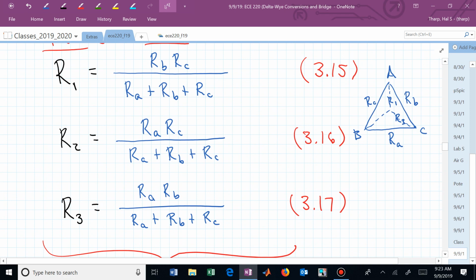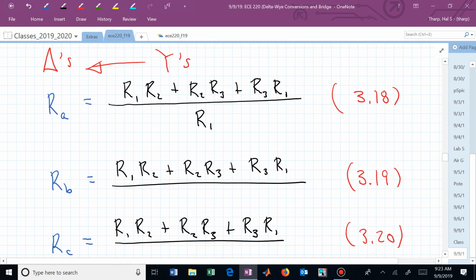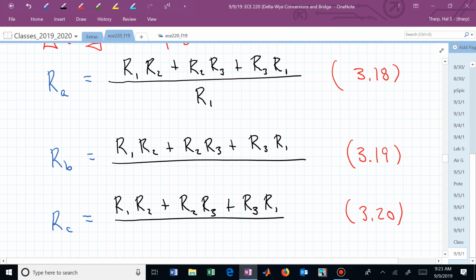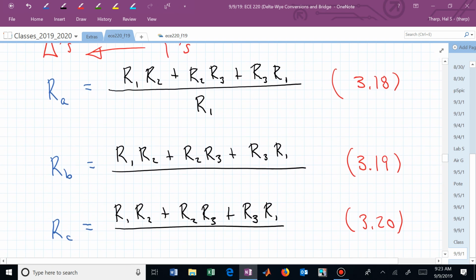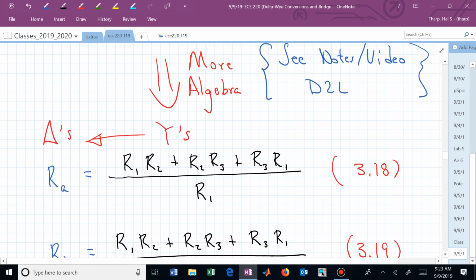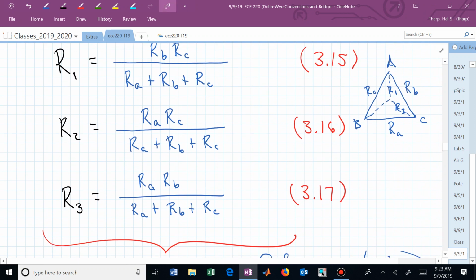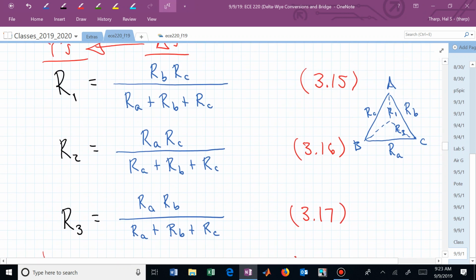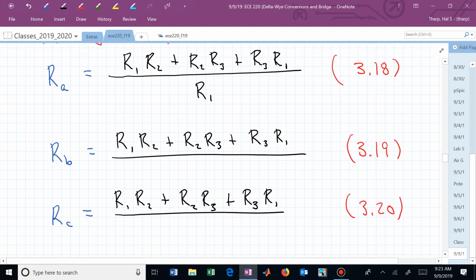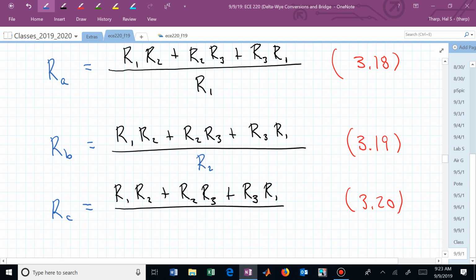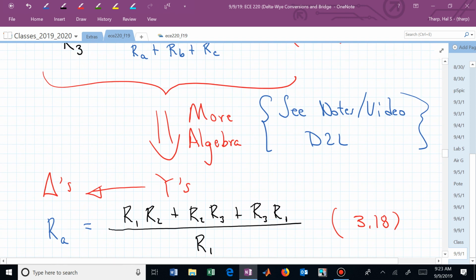That's what we're dividing by in this formula. So what do we divide by to obtain R sub B in the denominator? R sub 2, because that is now right here. And by process of elimination, R sub C.